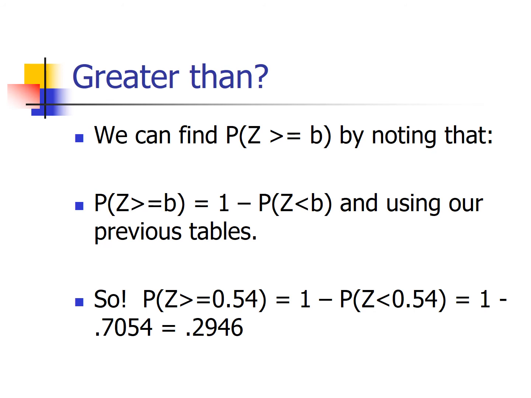Kind of cool, right? If we wanted to find the probability that z is greater than or equal to some number b, it turns out, math fact, that that is 1 minus the probability z is strictly less than b. And remember, for continuous distributions, z strictly less than b is the same as z less than or equal to b, so we can just grab that from our table.